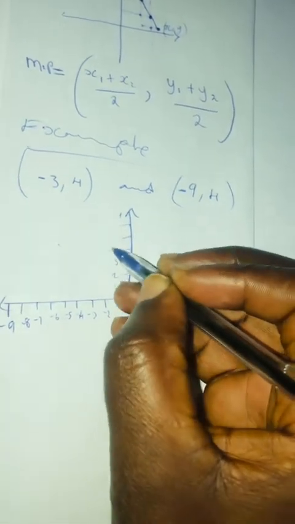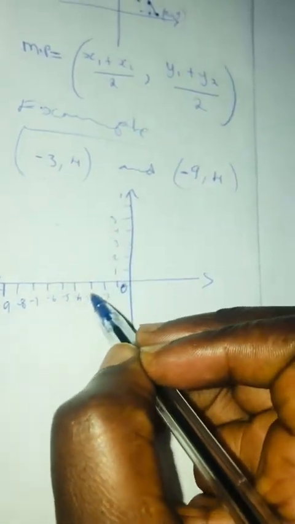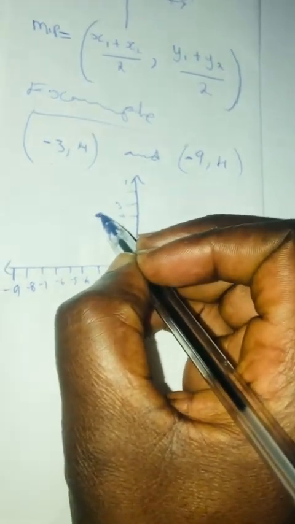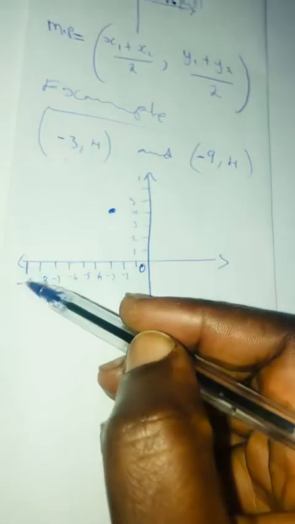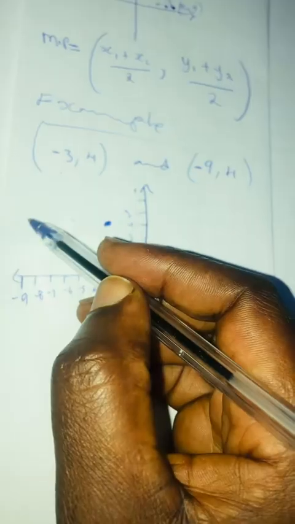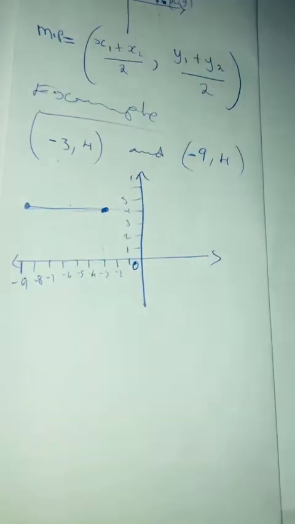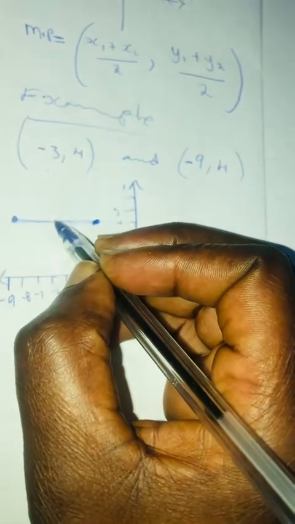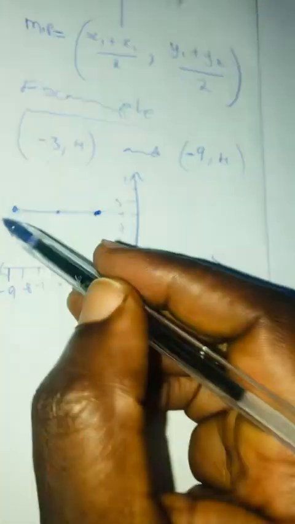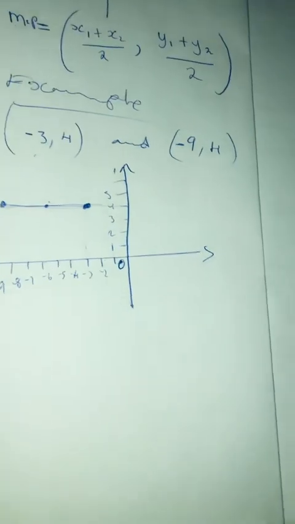So negative 3 is here, positive 4 is there, so this point is going to be somewhere there. Then this one, negative 9, 4, will be somewhere here. When we connect these points, we'll get a straight line. Now we want the midpoint, meaning we need a point on the middle of this line, between the 2 points.